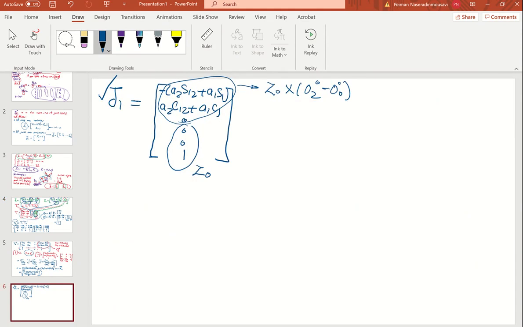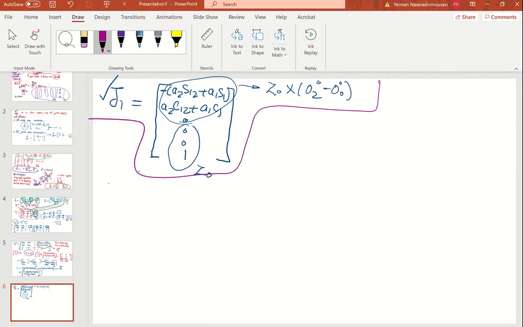So Z1, look here, guys. Let me change the color. I'm done with this part. I'm going to do Z1 cross product of O2 with respect to 0 minus O1 with respect to 0. Z1, as we calculated, is 0 0 1, cross product of O2 with respect to 0.